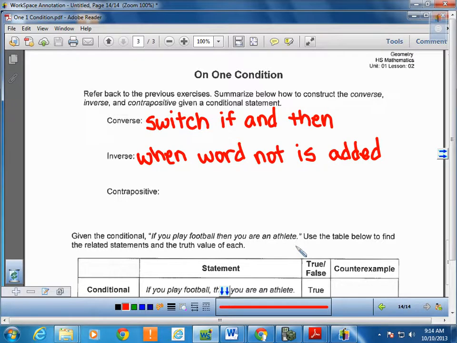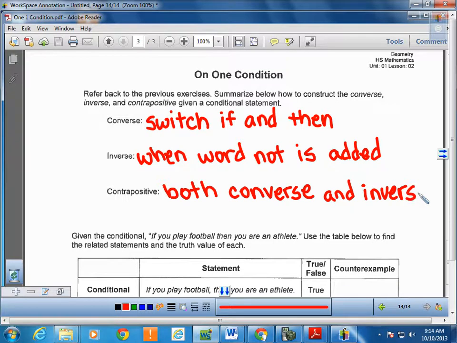That's inverse. Contrapositive is where you do both converse and inverse. So you swap them around and add the word not. That's what contrapositive is.